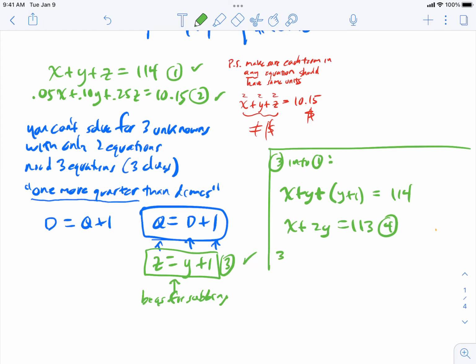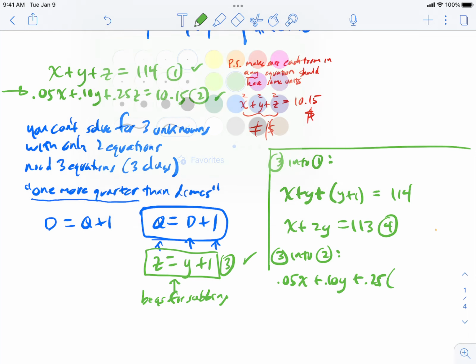Now I'm going to plug 3 into the other equation, into the second equation. What's that going to say? So I'm looking over here at the second equation. 0.05x plus 0.10y plus 0.25 times the z, and the z, I'm making this substitution here. The z is a y plus 1, equals, what's that say, 1015.